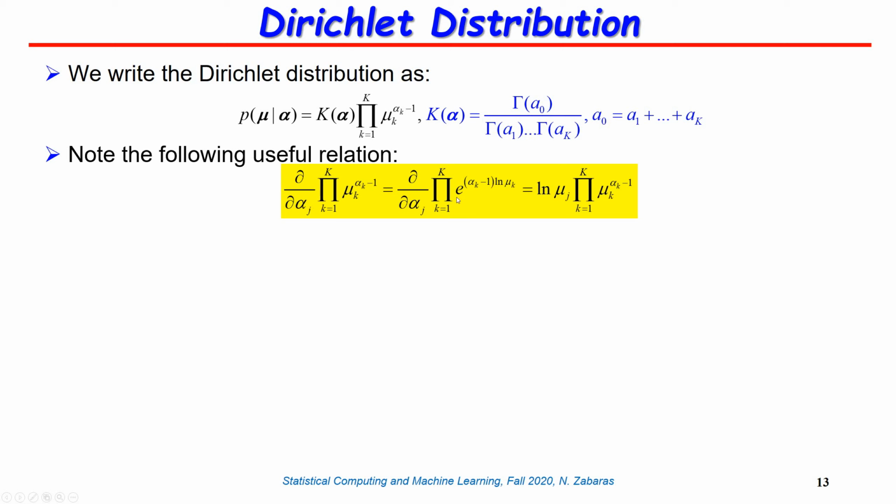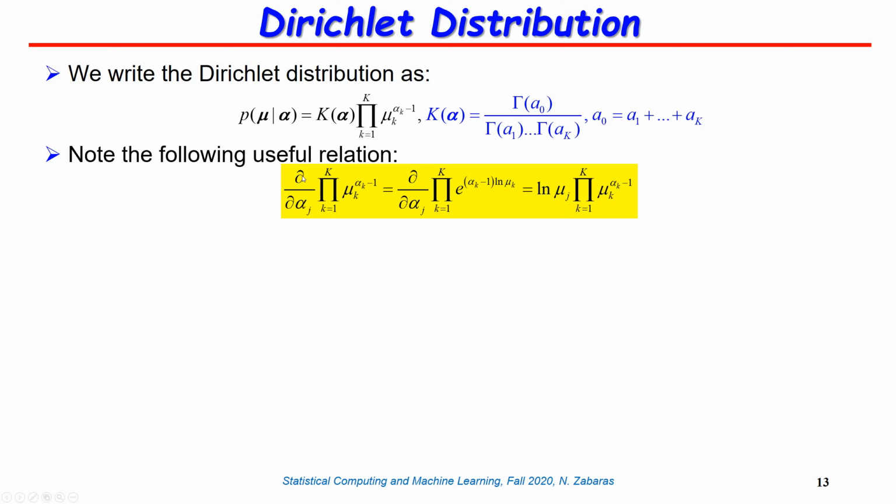All the remaining exponentials will remain as is, and the term that involves alpha j will give us, when you take the derivative, log of mu j times the same term, which is mu j to the alpha j minus 1.